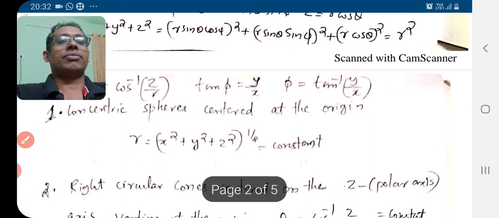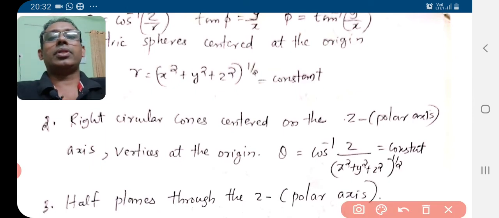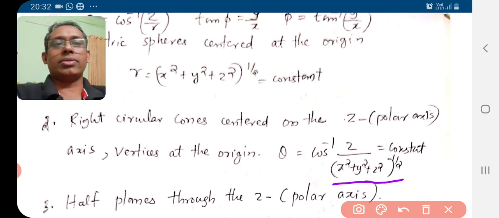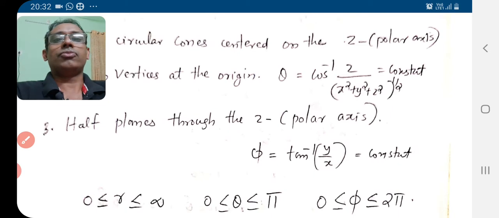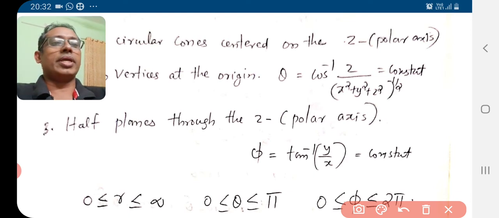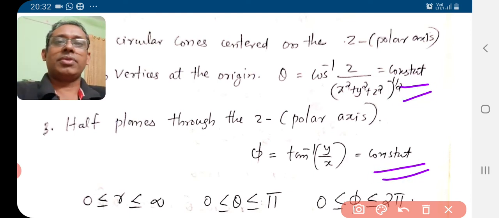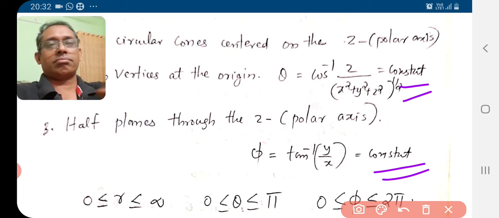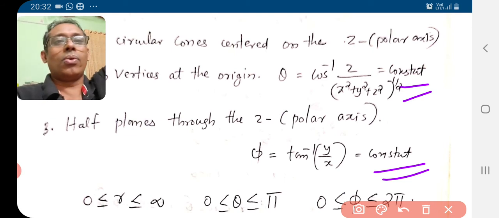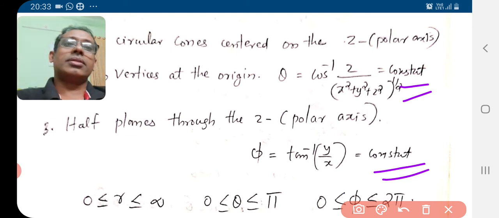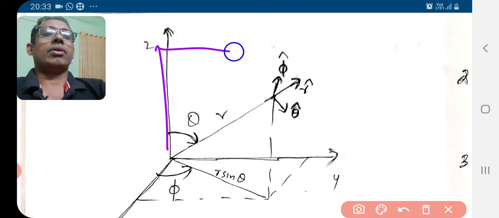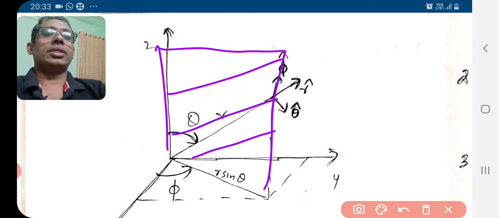Theta is cos inverse z over r, where r is x square plus y square plus z square to the power half, a constant. Then half planes through the z axis: phi is tan inverse y by x, which is a constant. So the three surfaces are r constant, a spherical surface; theta constant, the surface of a cone; and phi constant, half planes through the z axis, because everywhere on this plane phi is a constant.